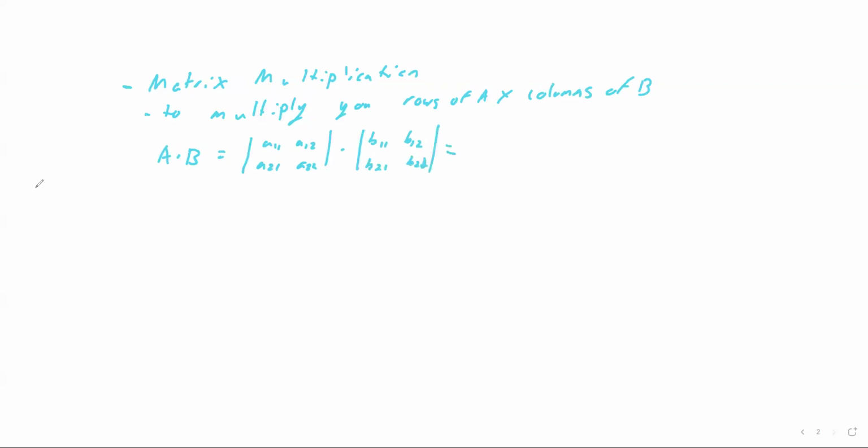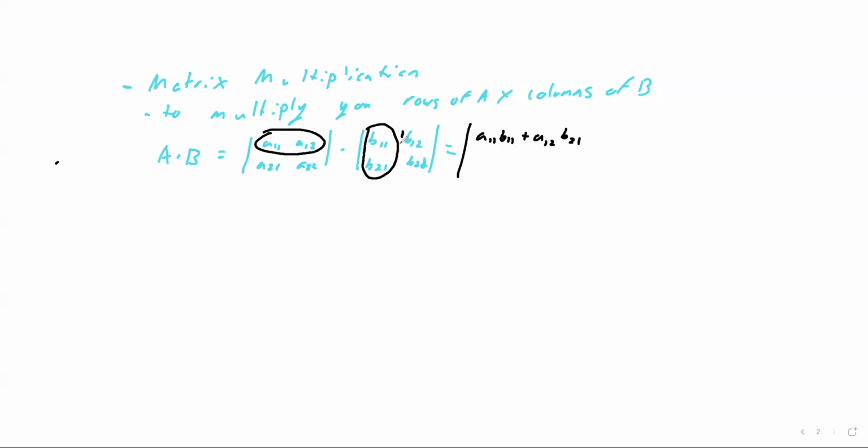And what you would do is you would take the row of matrix A and multiply it to the column of matrix B and then add their products. So this will become A11 times B11 plus A12 times B21. And that would give you one element.